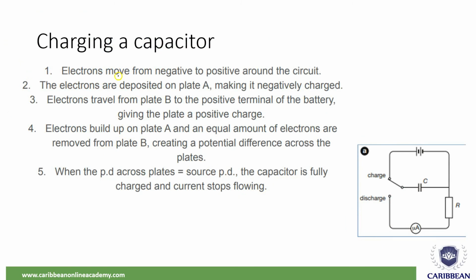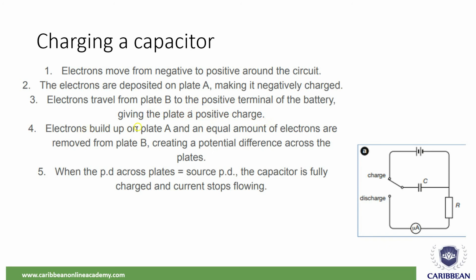All right. Now, this is just some information to explain to you what is happening whenever we're charging a capacitor. It says electrons move from negative to positive around a circuit. That is by nature of how electrons actually flow. Now it says that the electrons are deposited on plate A, making it negatively charged. Now electrons travel from plate B to the positive terminal of the battery, giving plate B a positive charge.